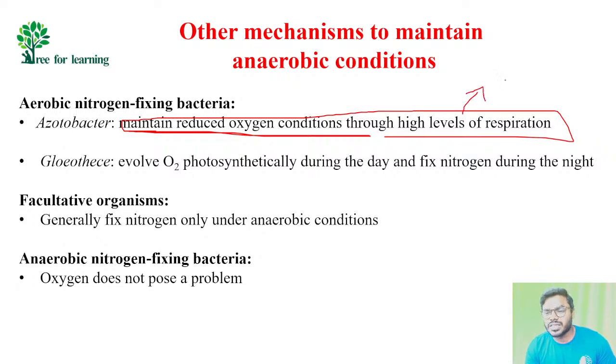Because of the high levels of cellular respiration, more oxygen is consumed. I want you to understand the depth of the concept here. More oxygen is consumed. Since more oxygen is getting consumed, what is the point you have to remember?